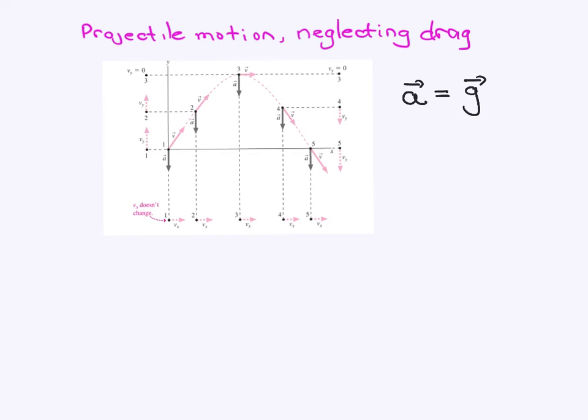And so in that case, you really have constant acceleration in both the x and the y direction. In the horizontal direction, the acceleration is constant; it's just equal to 0. And then in the vertical direction, there's a constant acceleration downward of minus 9.8 meters per second squared.